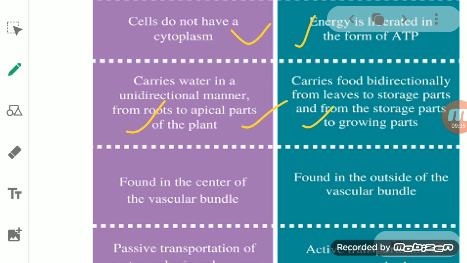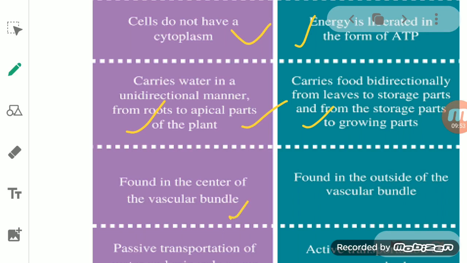So it will travel in two directions. That kind of movement is the bidirectional movement.